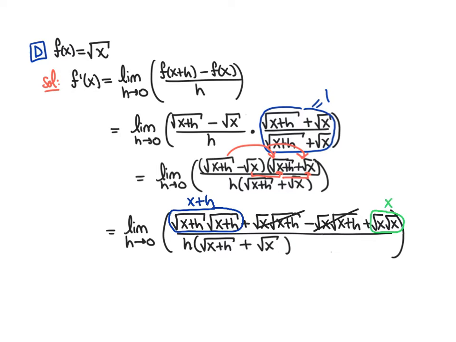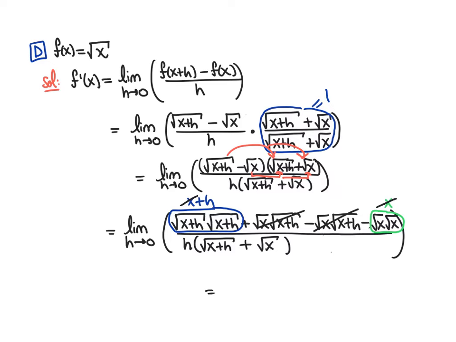All right, and I actually do have an error right here, so this should be a minus right there in front of the 2 square roots. Okay, so the nice part is then, since I have x plus h and then I have minus an x, those x's are going to cancel.